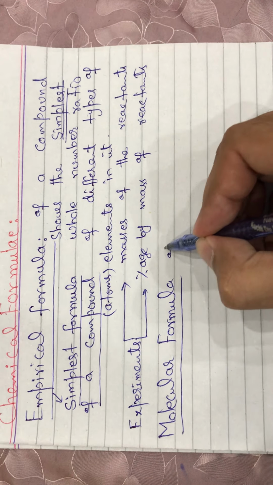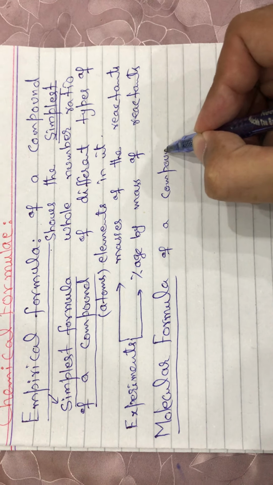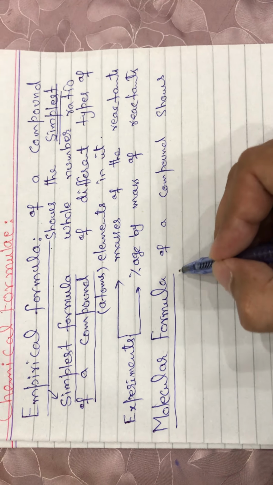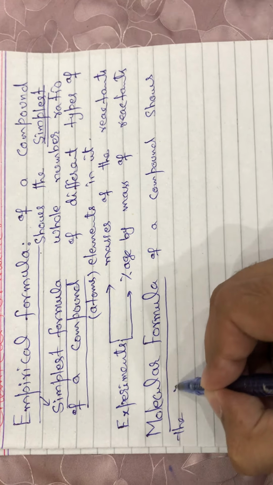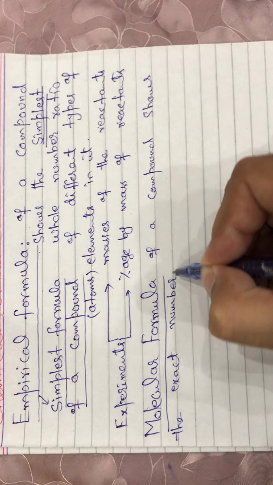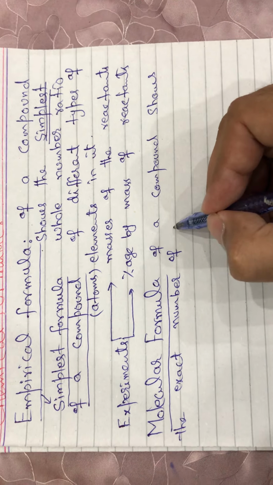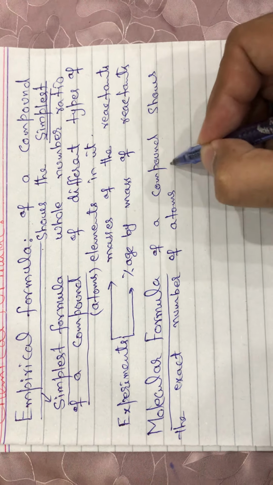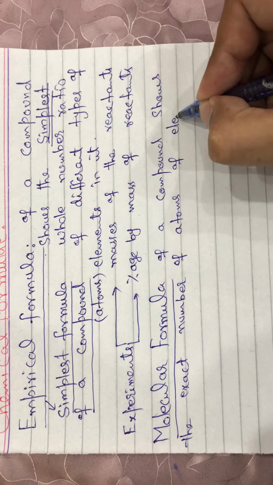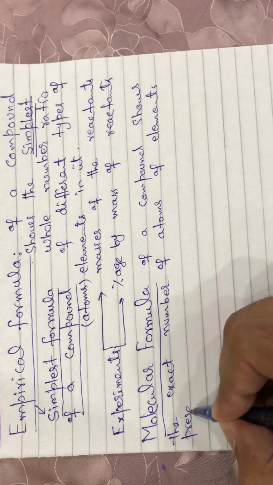So the molecular formula of a compound shows the exact number of atoms of elements present in it.